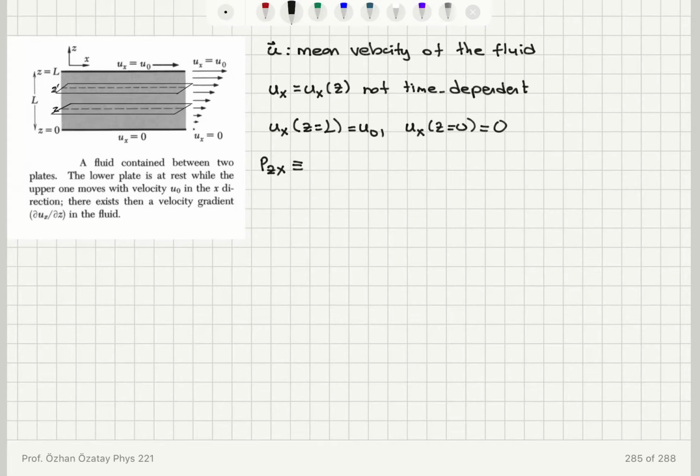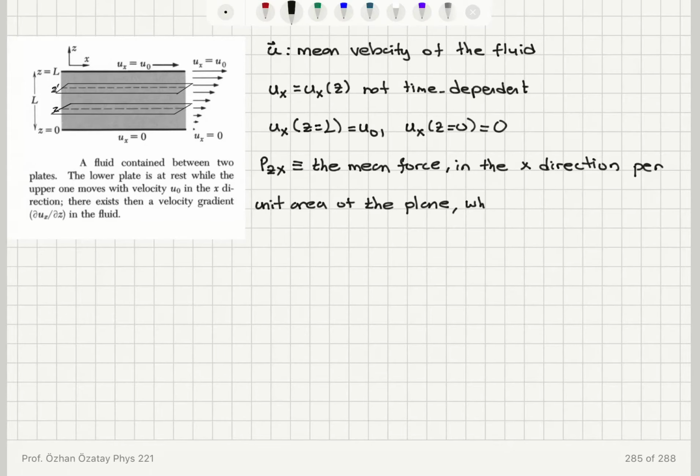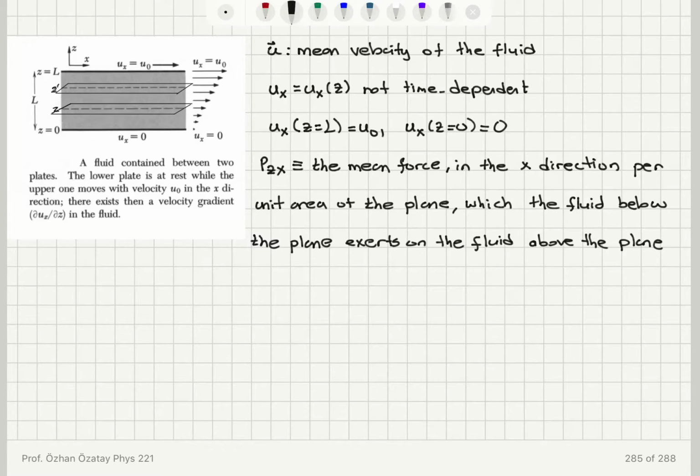It is defined as the mean force in the positive x direction per unit area of the plane, so z is equal to constant plane, which the fluid below the plane exerts on the fluid above the plane. So basically, Pzx is tangential stress.